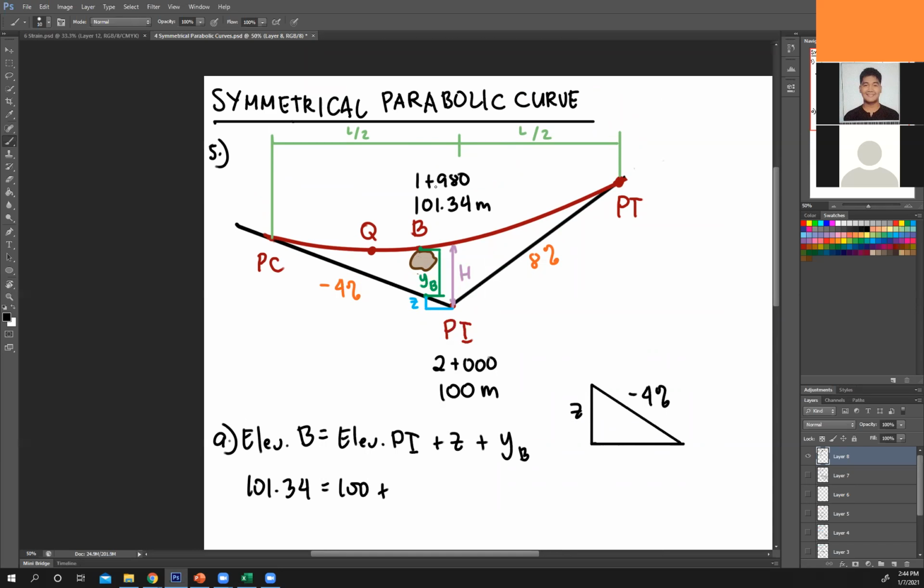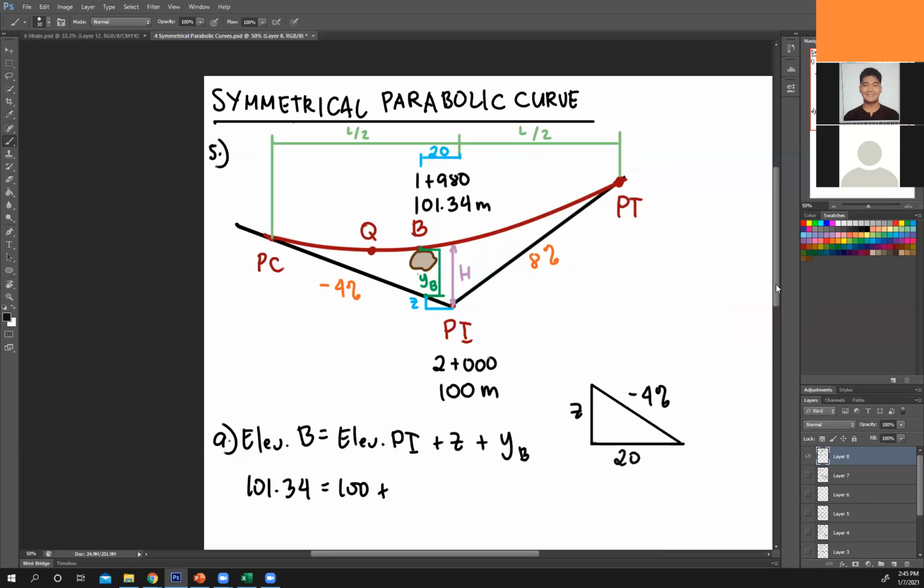So if this is 2, this point is at 1 plus 980. Difference of those, 2,000 minus 1,980 is 20 meters. So this is 20. So from point B, 20.